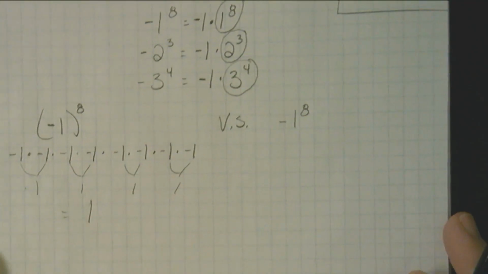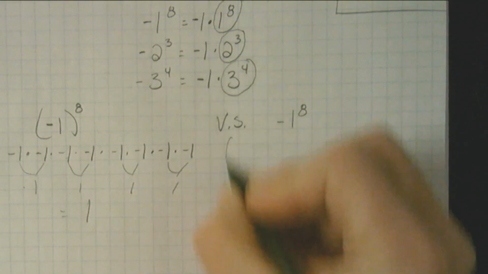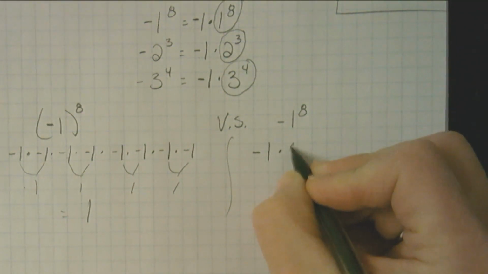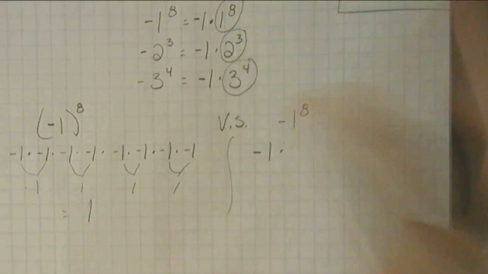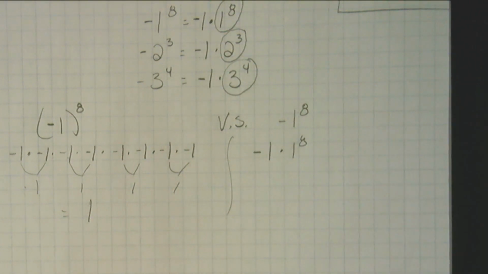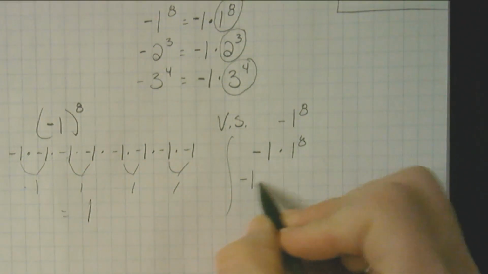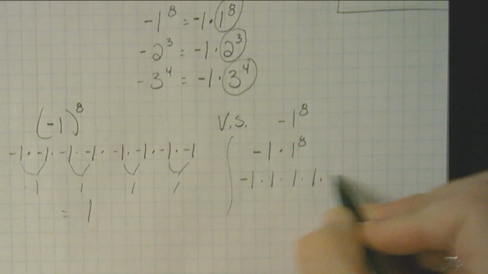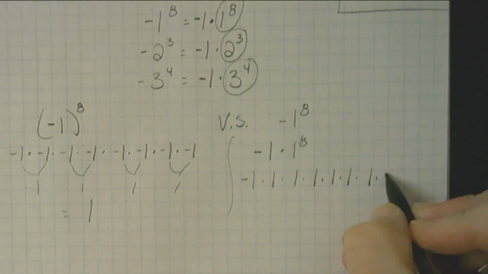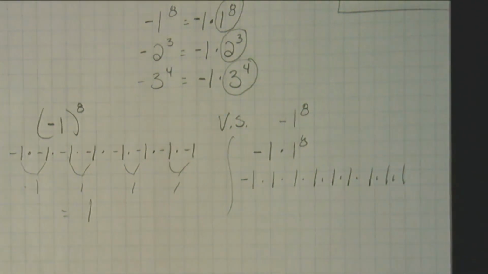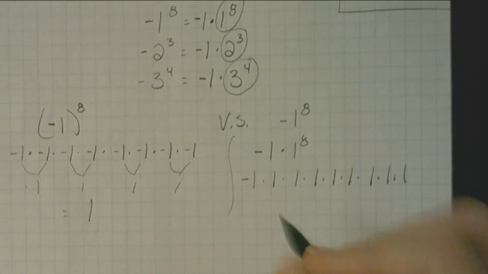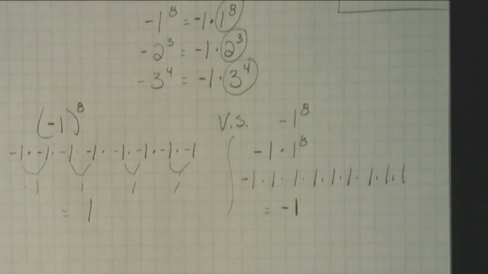This is the same idea. So this is really negative 1 times 1 to the 8th power. So this is negative 1 times 1 times 1 times 1. That's 3, 4, 5, 6, 7, 8. So in the end, this equals a negative 1.